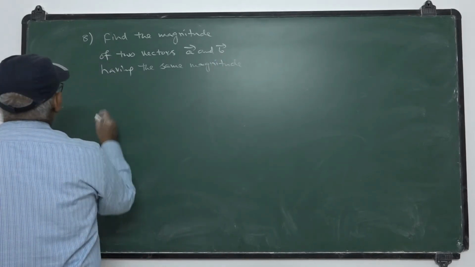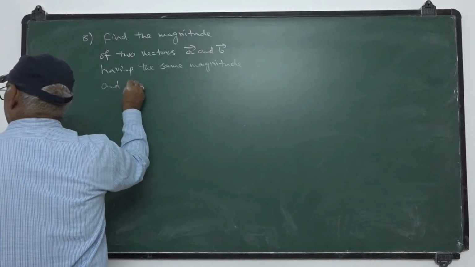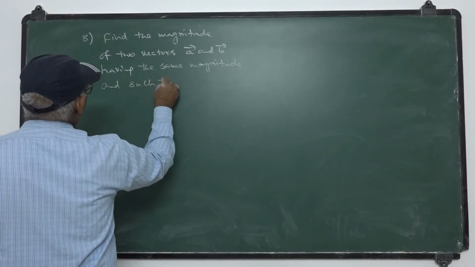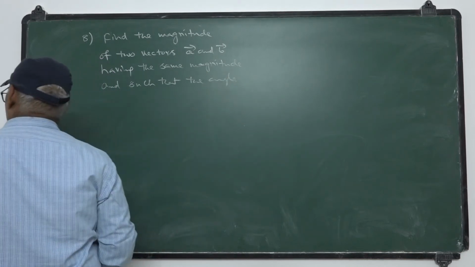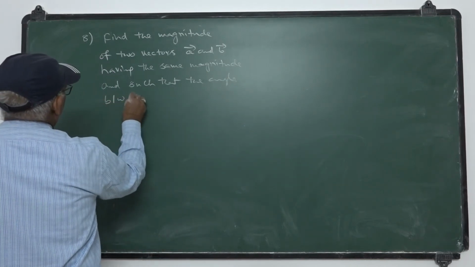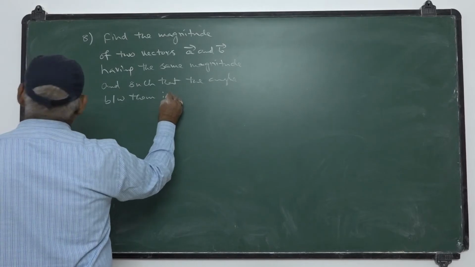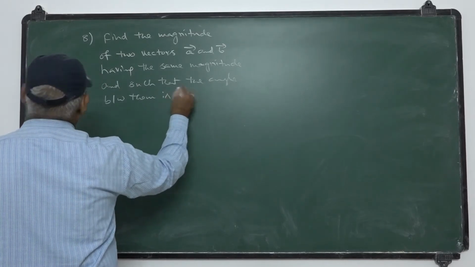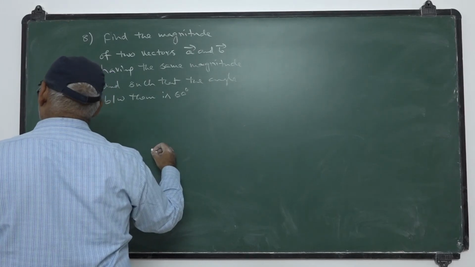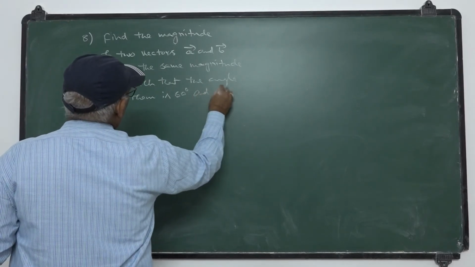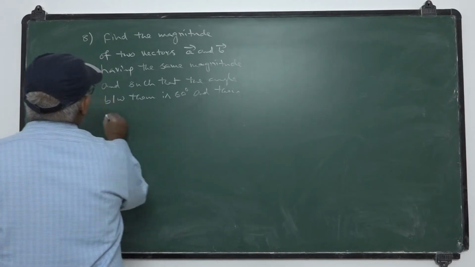Such that the angle between them is 60 degrees and their scalar product is 1 by 2.